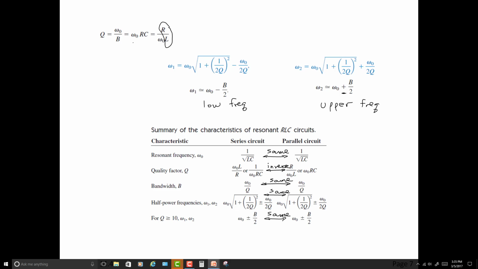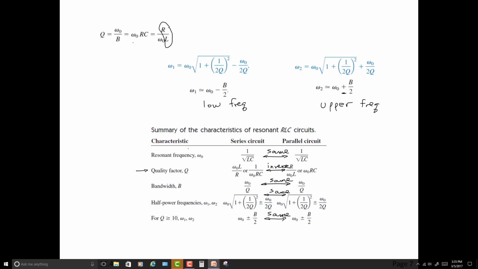All right. So when you make design choices, you may want to be looking more at the quality factor than the other things, because they're just going to fall in line.